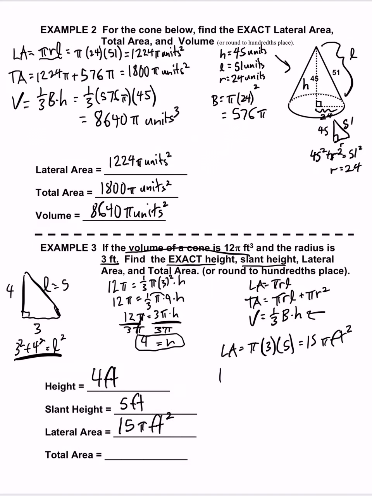And then total area is equal to that 15 pi plus pi radius 3 squared. Again, the pi 3 squared is the base area of the circle. So this would give me 15 pi plus 9 pi, which would give me 24 pi feet squared.